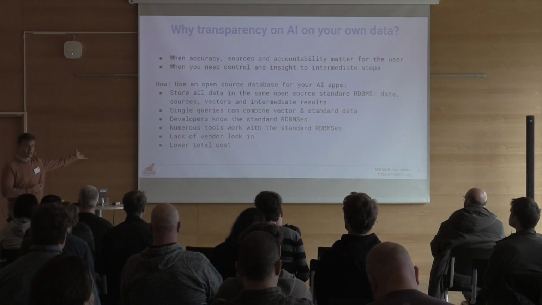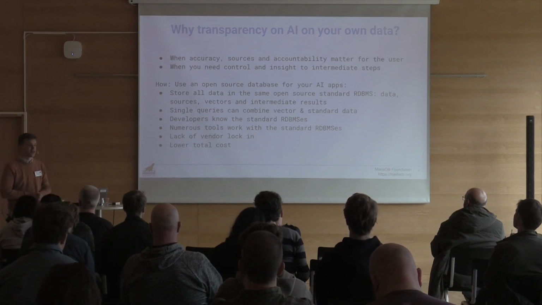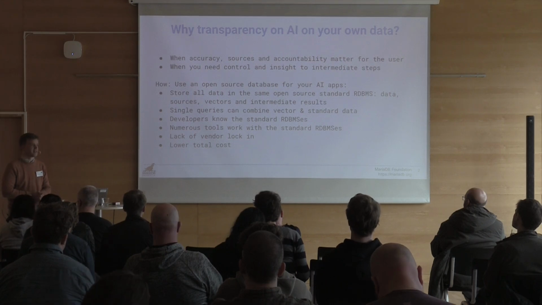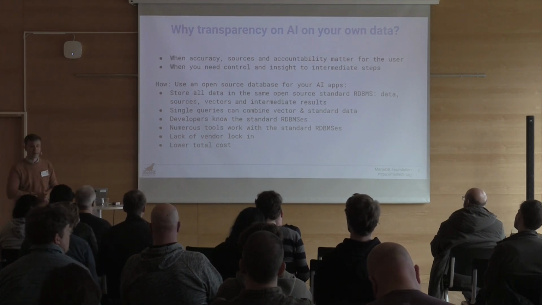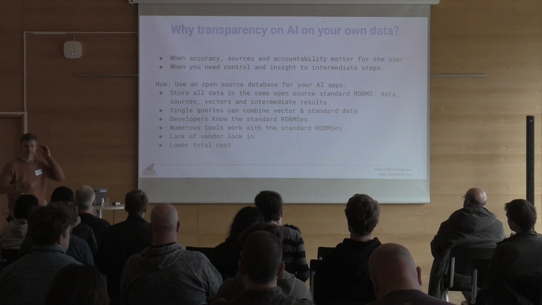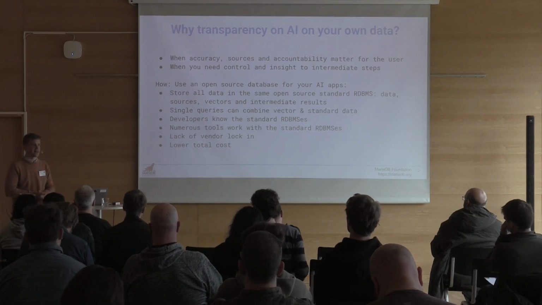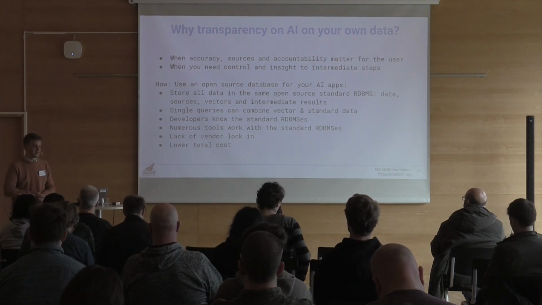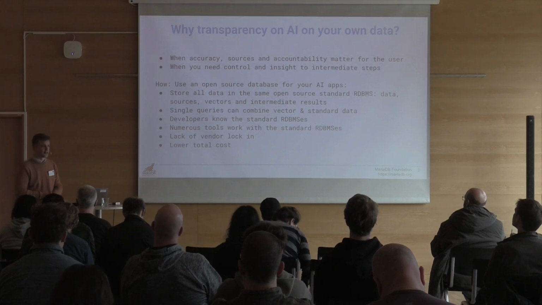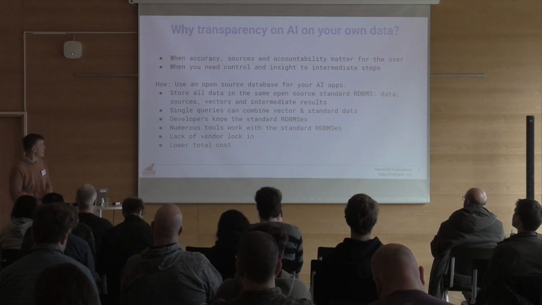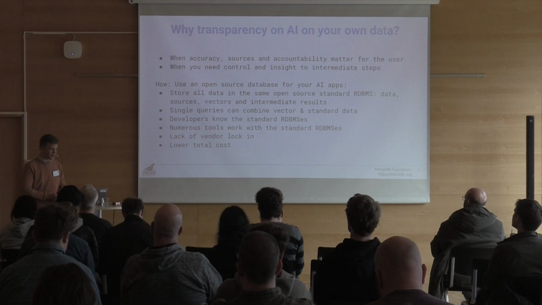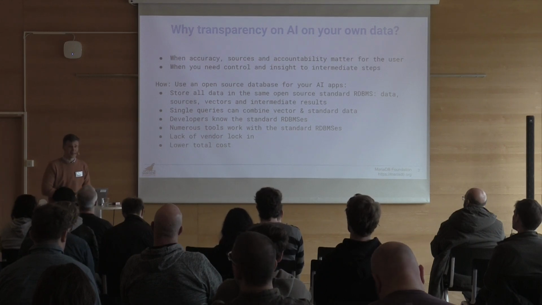These are all great reasons why you want to put your data and vectors in the same place. But now I'm getting ahead of myself, because you need to understand why vectors are needed when doing RAG. And these are some of the reasons why you want to have them in an open source database.